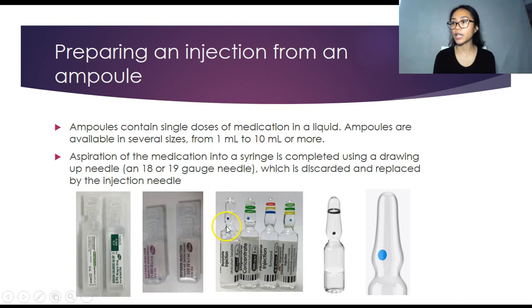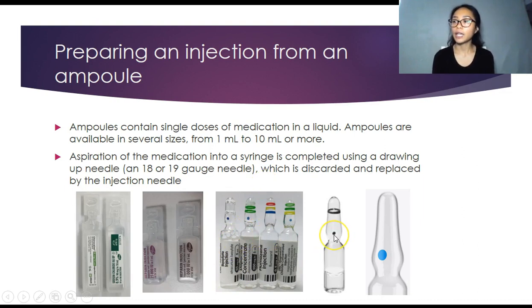These ones have that thin glass neck that sometimes, when you haven't opened them, you'll need to just hold at the top and swirl it around so that the medication sitting in the top goes back into the main part. That way you won't lose any medication, because you crack open the top, place your drawing up needle inside, and then draw back.